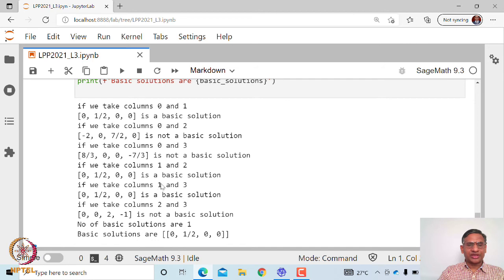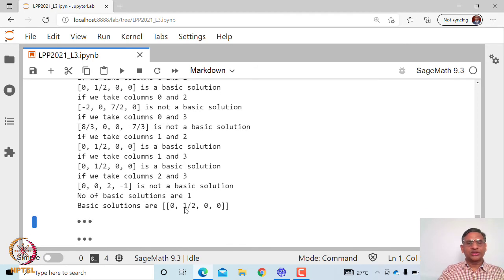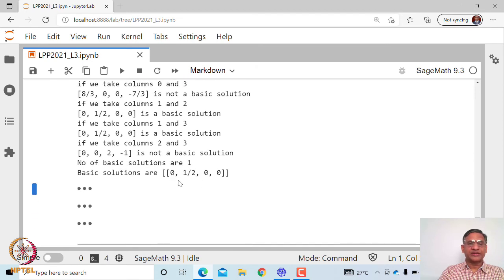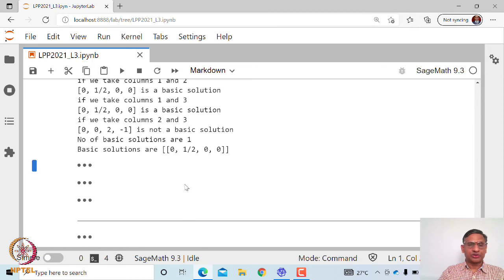But all these 3 result in the same solution, namely 0, half, 0, 0. So there is only one basic feasible solution in this case, and it is in fact a degenerate basic feasible solution.